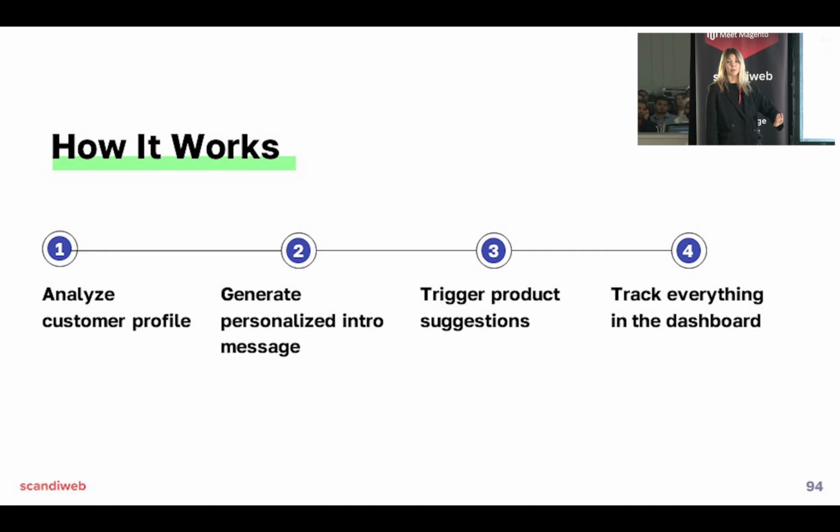So, simple steps that the agent does. We analyze the customer profile, right? We generate this personalized introduction message. Then we trigger the product suggestions at the needed time, and then we can track everything in the dashboard. In our example also, we had a dashboard created where you can see all the conversation happening with all the clients.